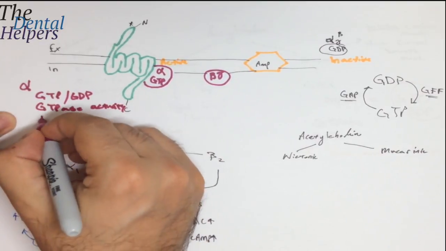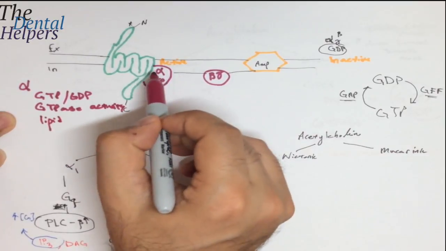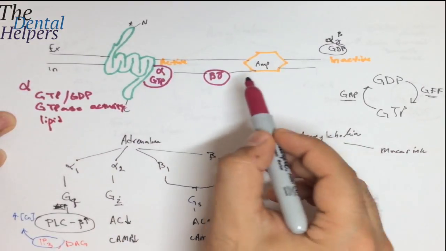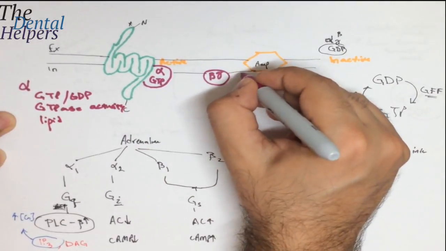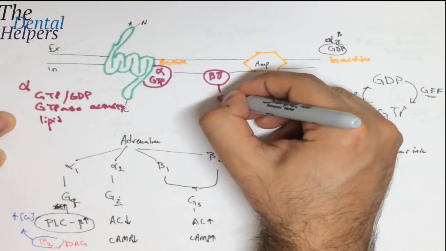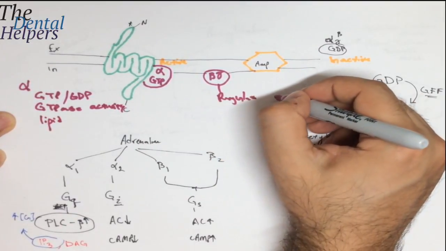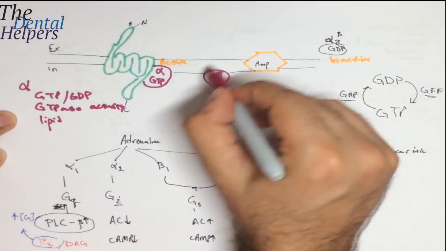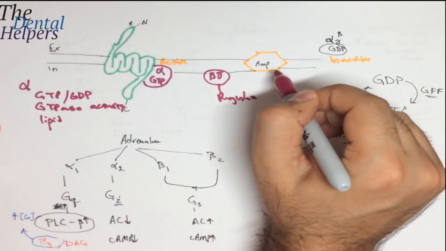It's also going to have a lipid anchor, and the lipid anchor is what holds it onto the membrane. The beta gamma subunit also has a lipid anchor, as you can tell. And the beta gamma itself is going to regulate downstream effectors. So once it goes to the amplifier, it regulates the downstream effectors.